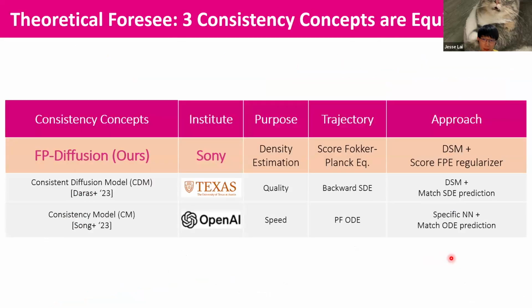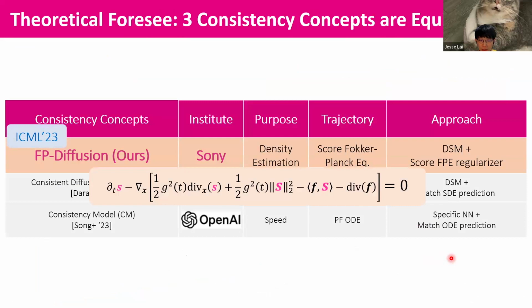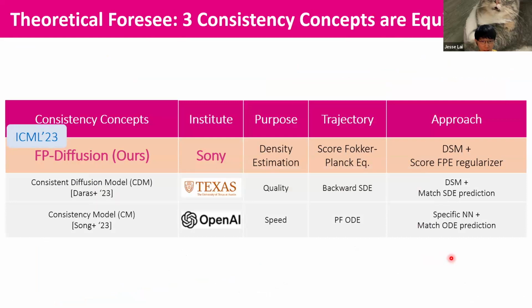All right. So a lot of works are trying to improve diffusion models in terms of sample quality or other perspectives. From our lab, we have one work which is called FP-Diffusion. It's trying to improve diffusion models for better density estimation by imposing some mathematical structure, but I'm not going to dive into it.